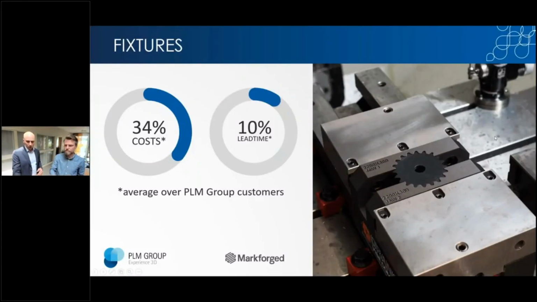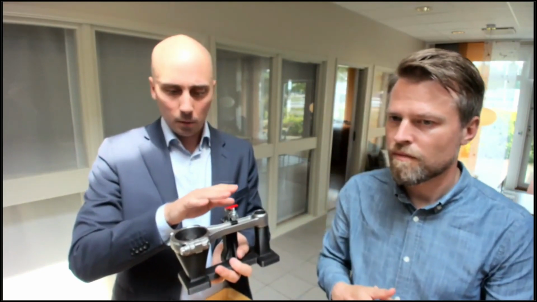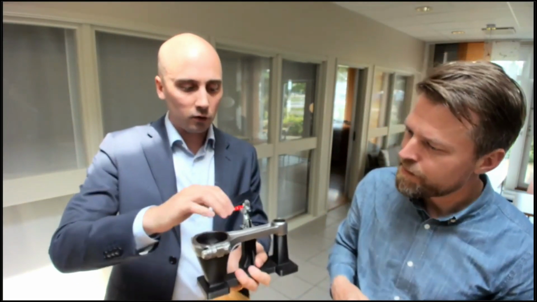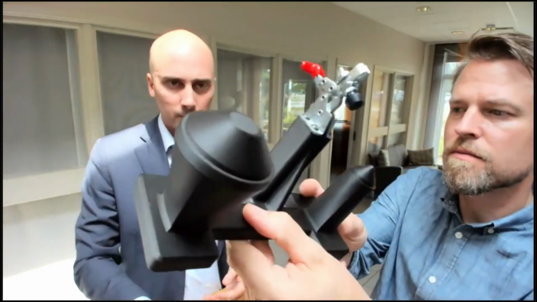Some other quick examples. Fixtures are really common, so it's good to see what they have been used for. Of course, you can use standard parts for your fixtures. This is used to fixate this part.